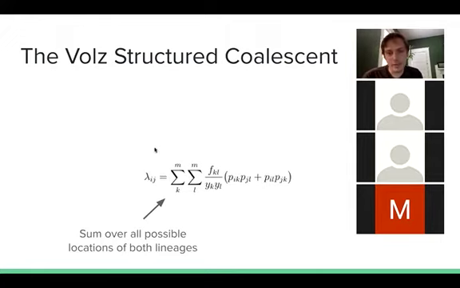So here we have m possible host populations, and each one of our lineages can be in any one of those m populations, or they might also be in the same population, but we don't know. So we have to consider the location of both of those lineages, which is why we get this ugly looking double summation up front here.